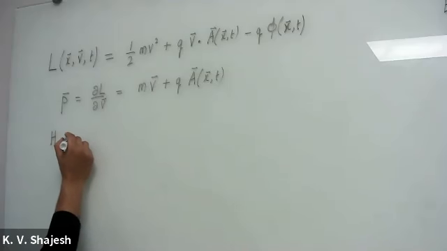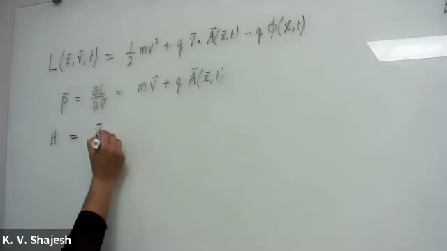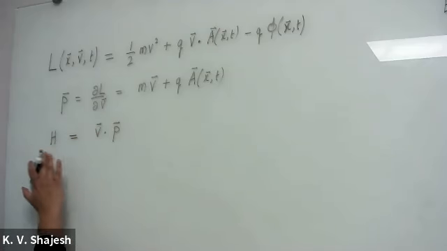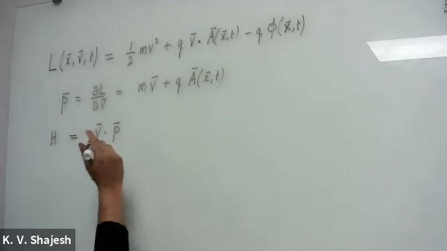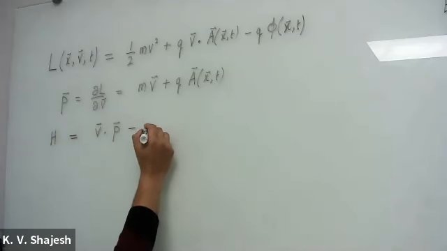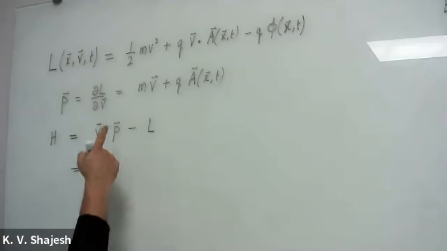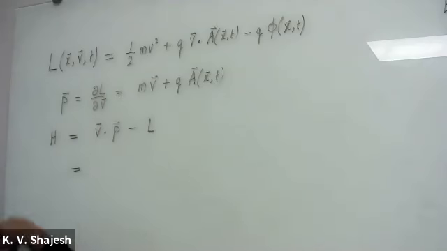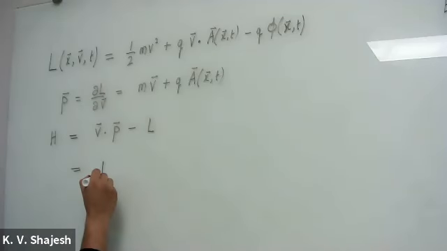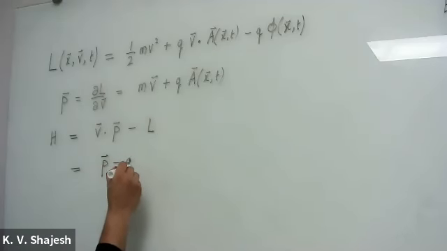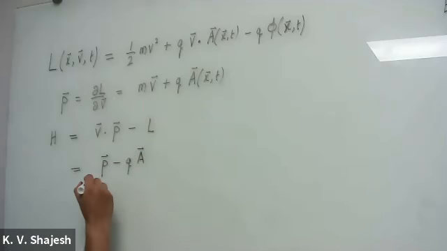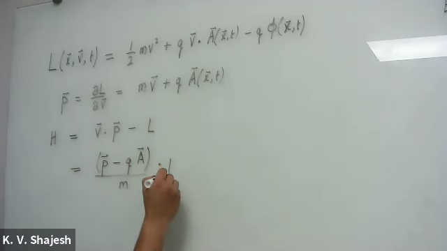The Hamiltonian is defined as v dotted with p, but the Hamiltonian has to be a function of position and momentum, so no velocity should show up, or by construction it is never there. But let's see how it goes through. So I can replace v: v is p minus q times A over m, dotted with p.